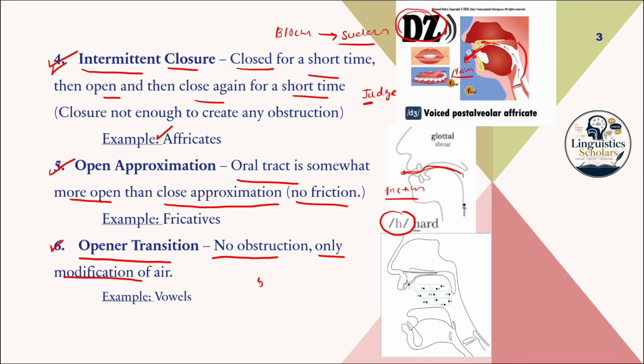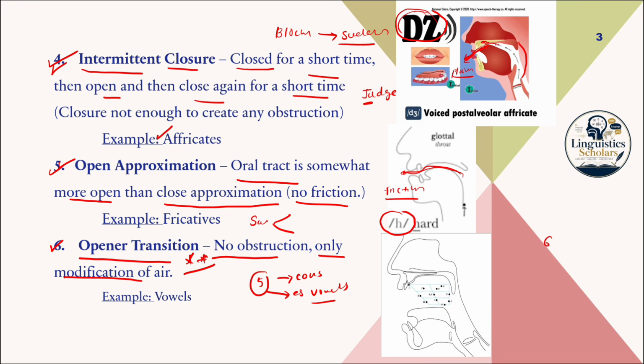All the other five degrees of constriction talk exclusively about consonants, but open transition is especially for vowels, as there is no obstruction, only modification of the air. This is the major reason for the classification of sounds into consonants and vowels.